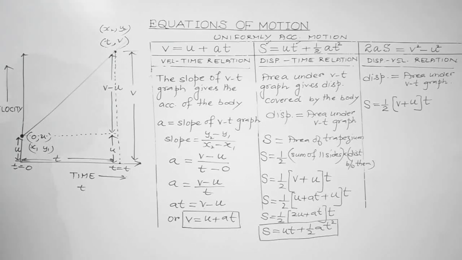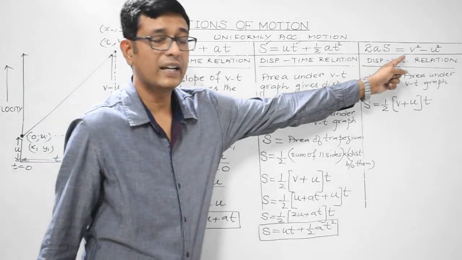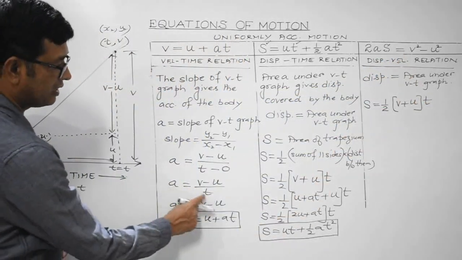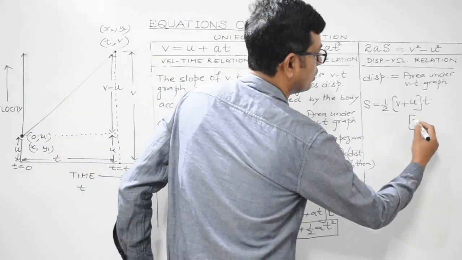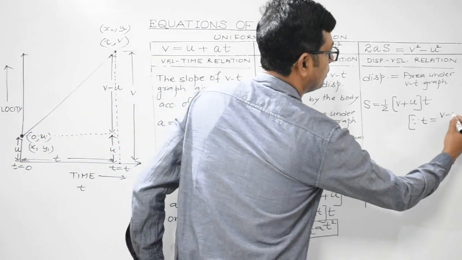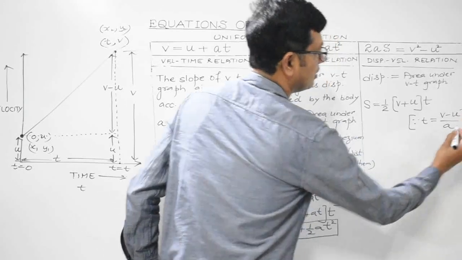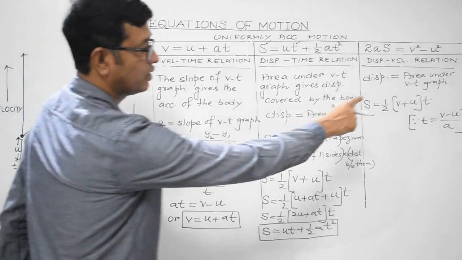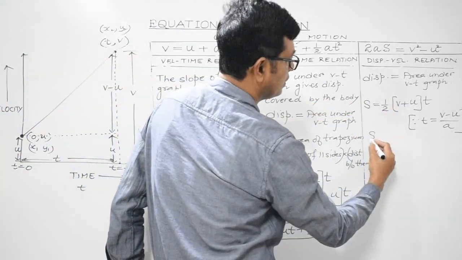So what we do is, here t needs to get eliminated. So substitute the value of t. Over here a and t can be interchanged, and we know that t is equal to v minus u by a, isn't it? From this, interchange a and t, so t can be written as v minus u by a. Substitute this value over here.